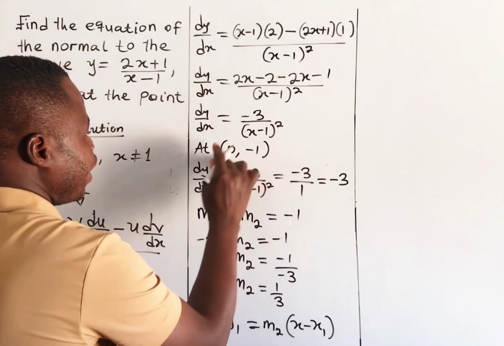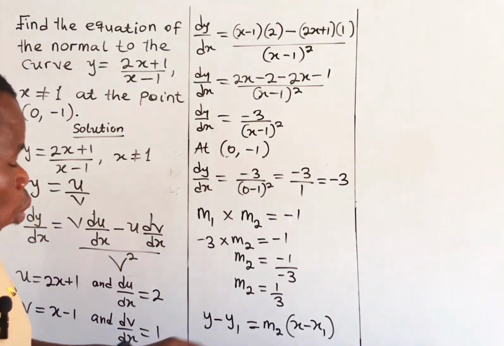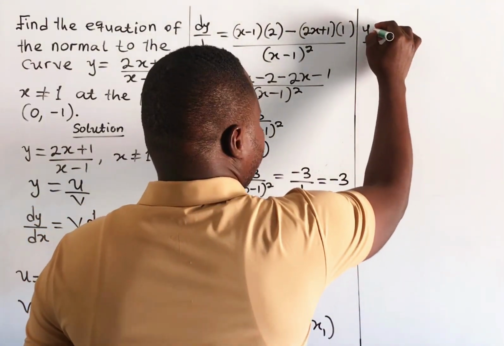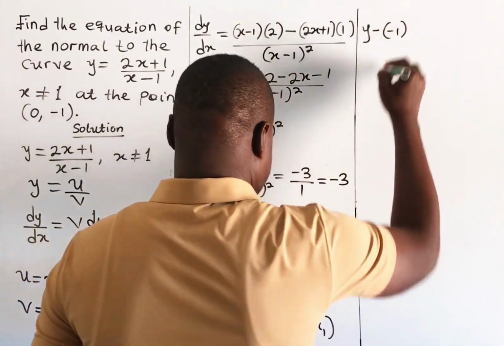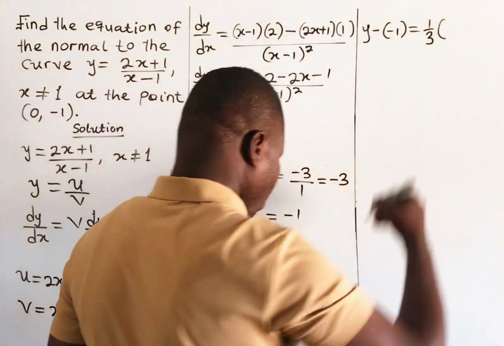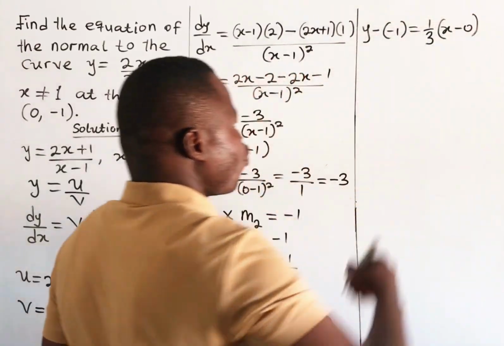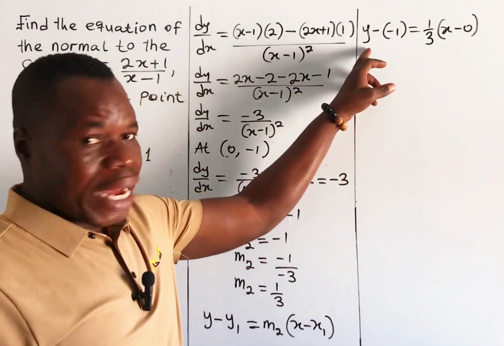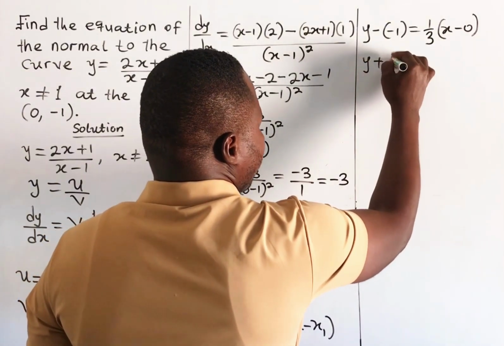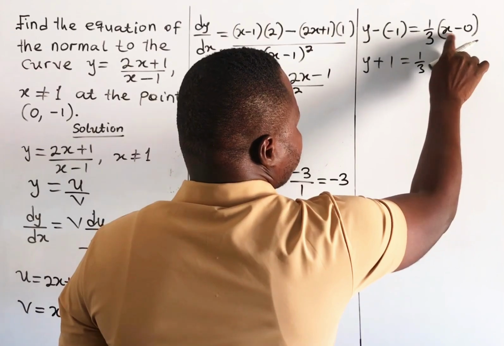So here my x1 is 0 and y1 is minus 1. So I can continue by saying that y minus the minus 1 is equal to the gradient, which is 1 over 3, into x minus x1, which is 0 from the point. And we know that negative negative is positive. So y plus 1 is equal to 1 over 3, x minus 0, which is x.